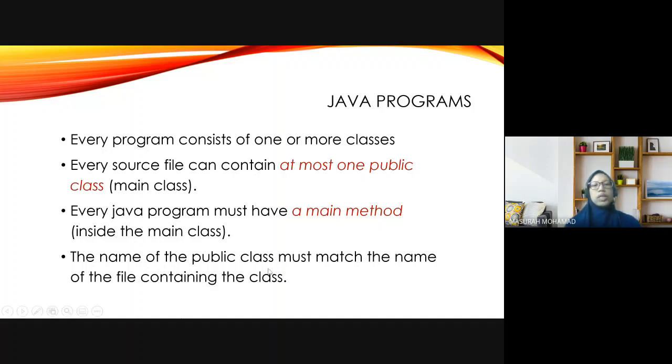The name of the public class must match the name of the file containing the class. It means that if you create class Student, when you save the file it must have the same name as the class name, Student. So you need to know these rules in order to create Java programs.